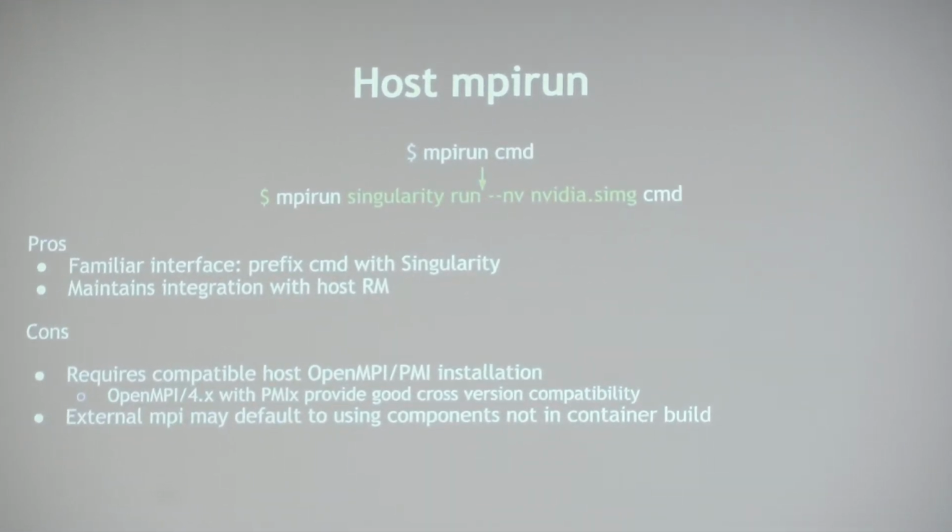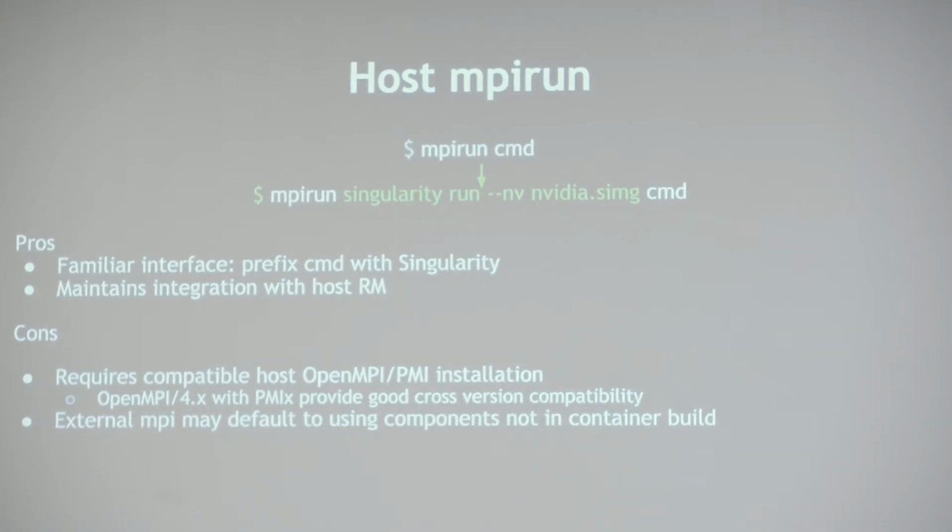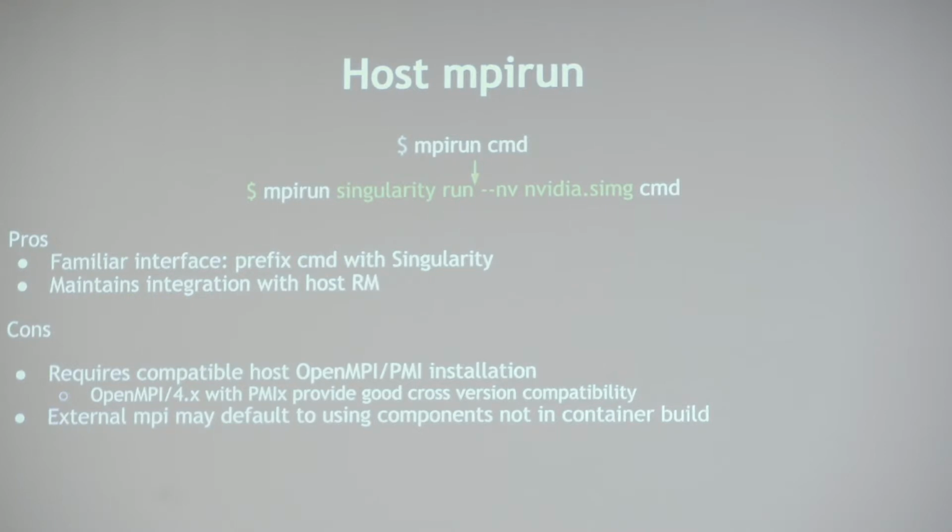You maintain integration with the resource manager. The con is that you're mixing components of MPI outside the container and inside the container. And so that's where you run into ABI compatibility issues, PMI issues, and it can be pretty complicated.